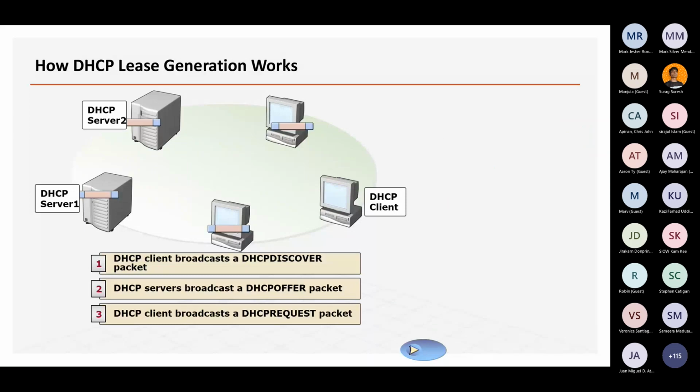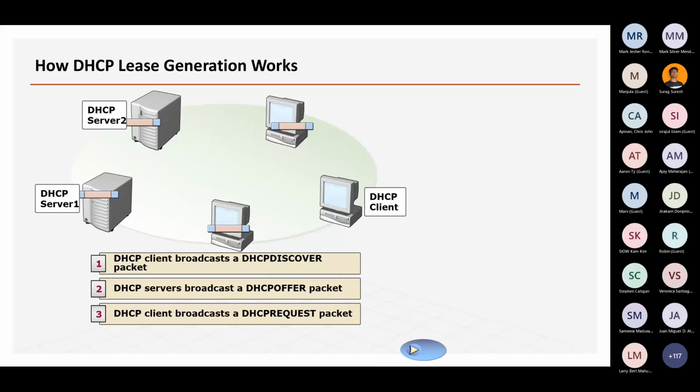Now they will say, hey, give me the IP address. That will be requested through a packet called the DHCP request. The source IP address will be 0.0.0.0 because there is no IP address configured.